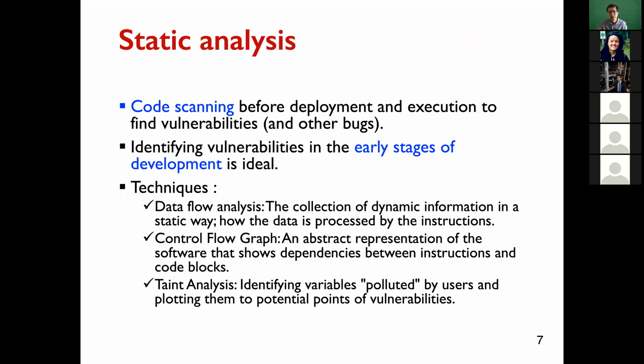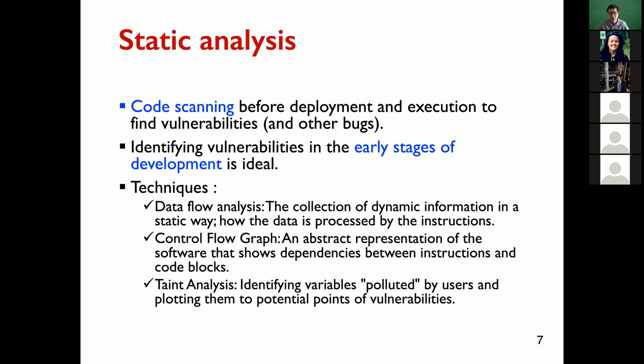In order to find these vulnerabilities, we have two approaches. The first approach is static analysis. Static analysis basically scans the code and finds patterns that match the patterns of vulnerabilities, so it is good for identifying vulnerabilities in the early stage of development.